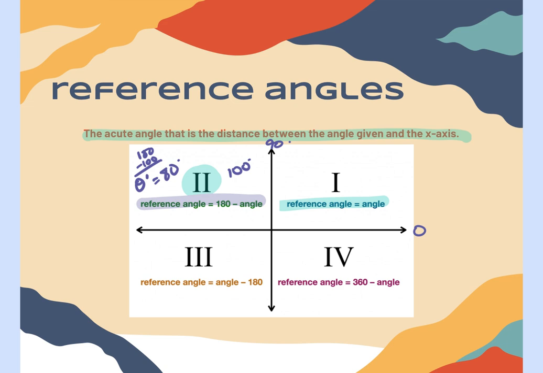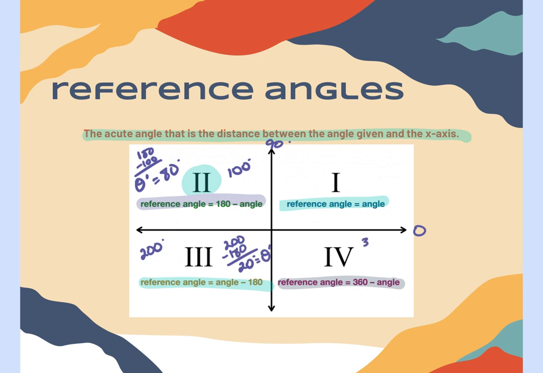When you go into the third quadrant, it is the angle minus 180 degrees. So now you could get something like 200 degrees. I know that puts me in the third quadrant, and my reference angle would be 200 minus 180, which is 20 degrees. And then if I go into the fourth quadrant, my reference angle is 360 minus the angle.